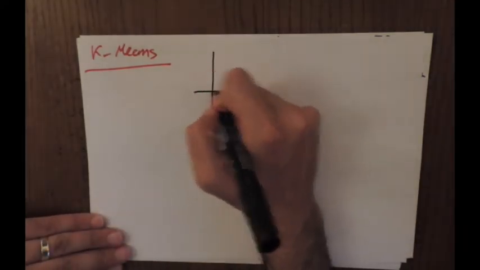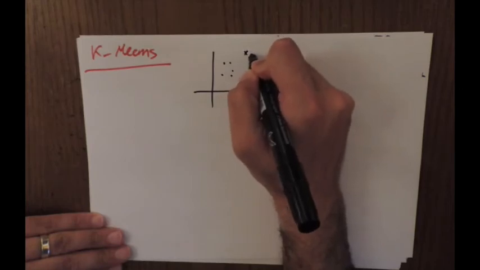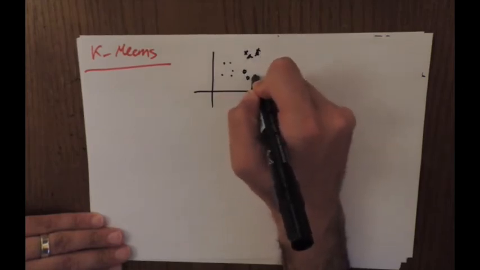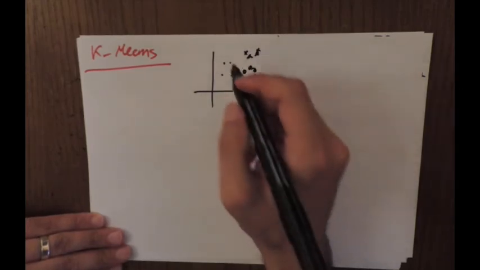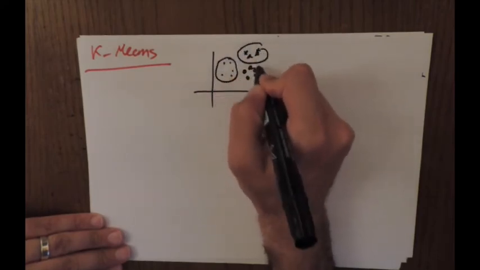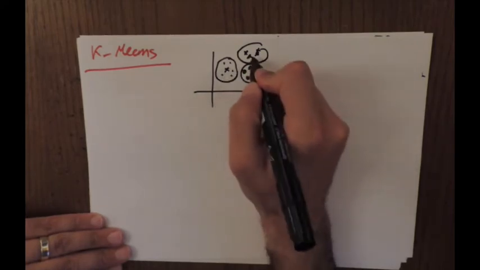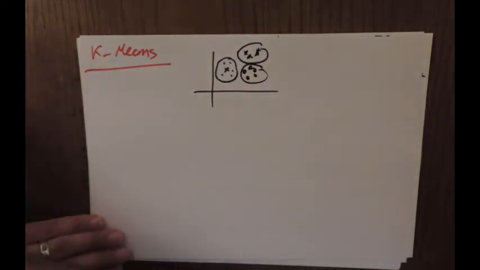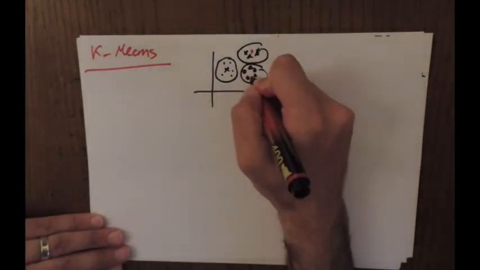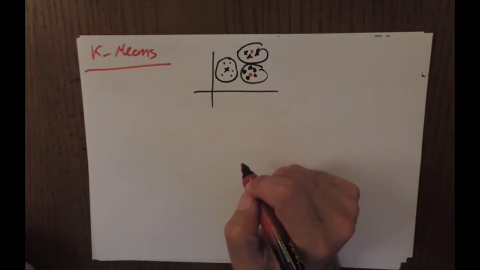So we have certain points, and K-means clusters data points and represents them with a mean or average that represents this cluster.